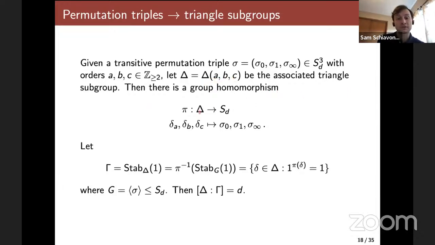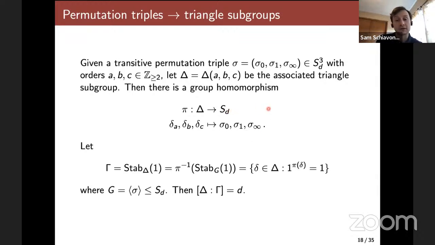Then there's a group homomorphism from the triangle group Delta to S_D mapping delta_a, delta_b, and delta_c, the generators of the triangle group, to sigma_0, sigma_1, and sigma_infinity. This is just because the sigmas, by being a transitive permutation triple, have to satisfy the relations that define the presentation of this group Delta. That allows us to define the homomorphism in this way.